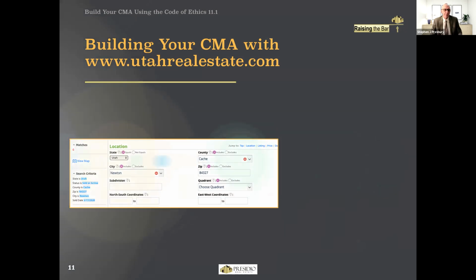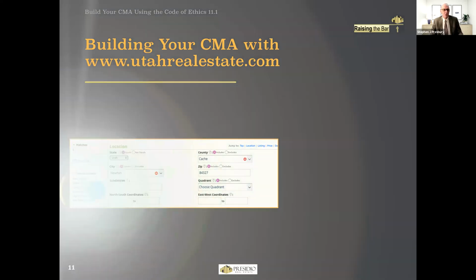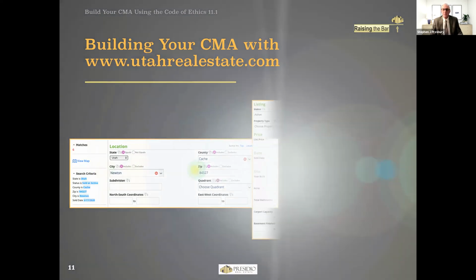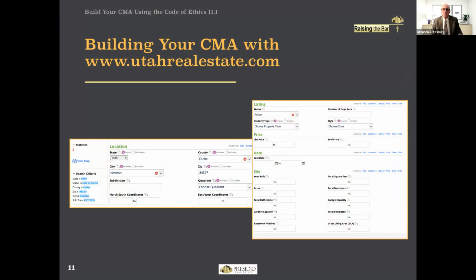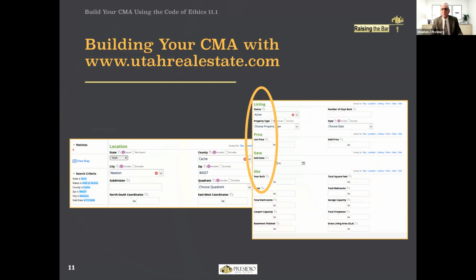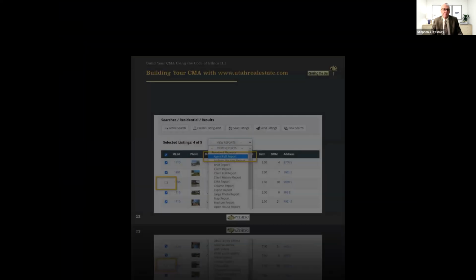You also see a little map there you can work with, and you can do a map search on geography. You'll obviously see that little criteria section there that will show you whether you're looking at just sold, or sold and active, and where it is, etc. You'll also see on the other side of, or below, that page your listings, your price, your date and site, which are all pretty important areas to build on.